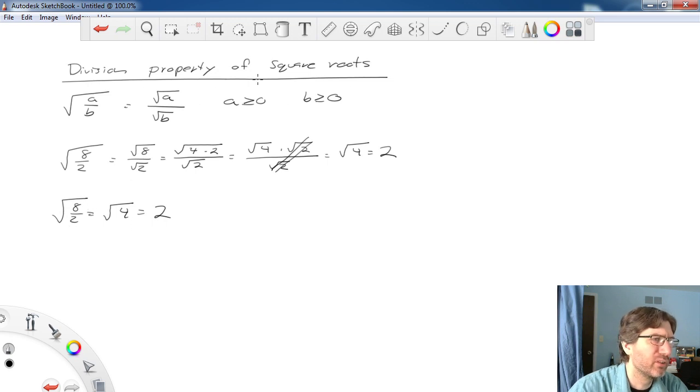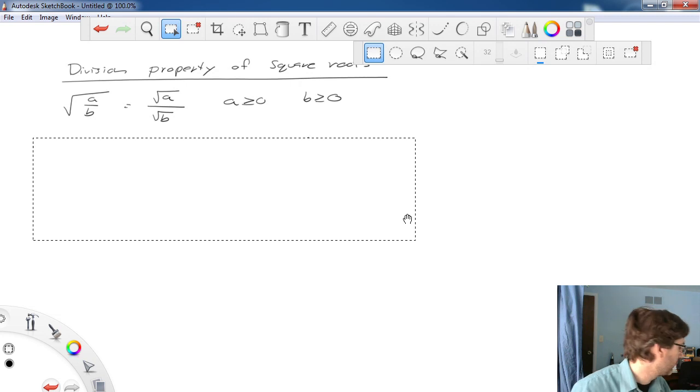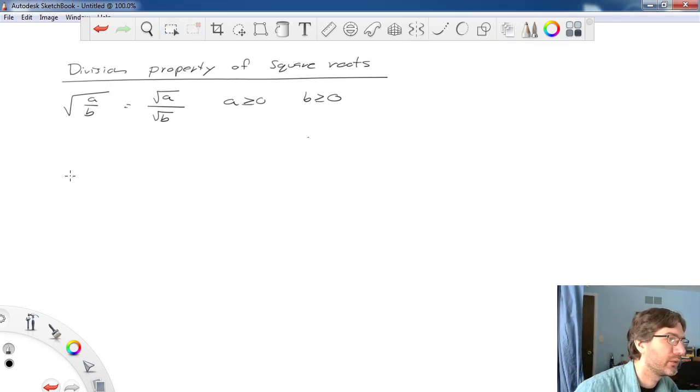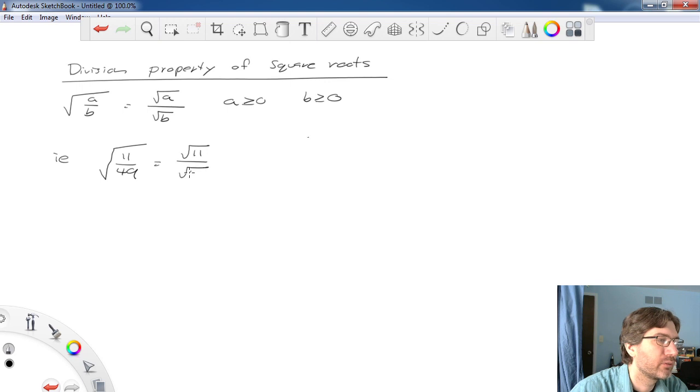But we looked at this before. Let's get another example in here. Let's see if the book has something nice here. Actually, it's got something good. So here's another example of this. We can take the square root of 11 over 49. Here, again, you can break it off into the square root of 11 over the square root of 49.